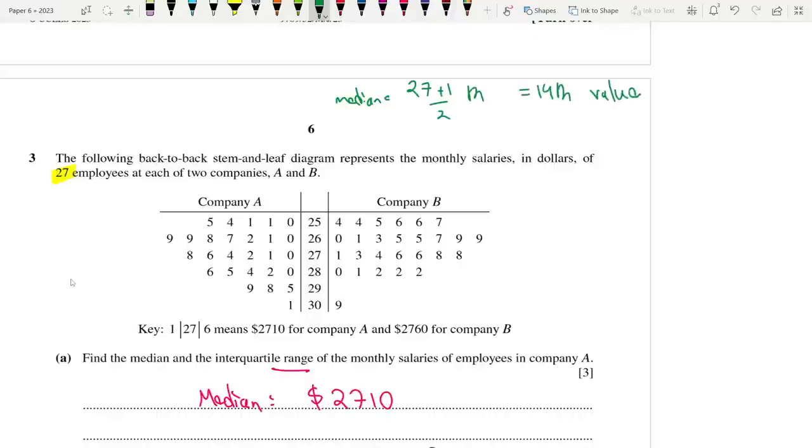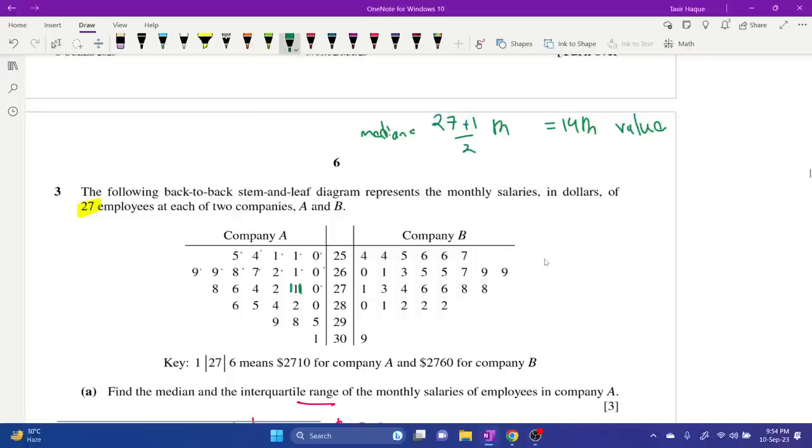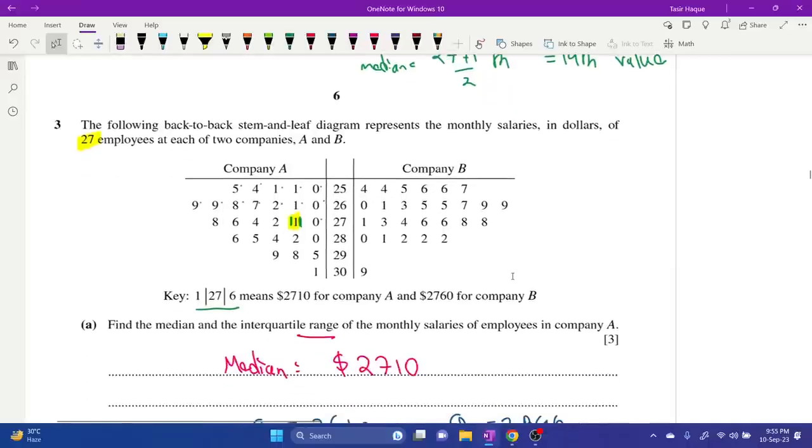So let's count the 14th value. 1, 2, 3, 4, 5, 6, 7, 8, 9, 10, 11, 12, 13, 14. This over here is my 14th value. What does this value mean? This means 2710 for company A, for example. So it is 2710 for company A. That's the median.